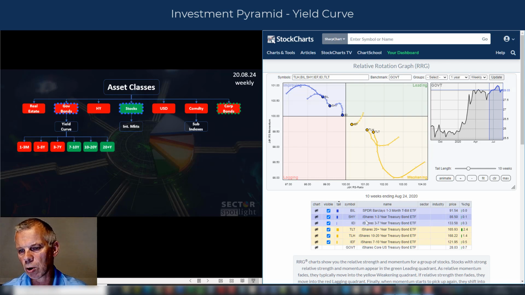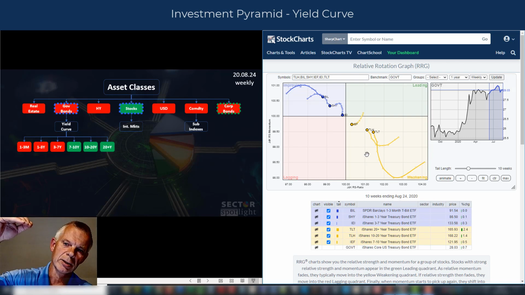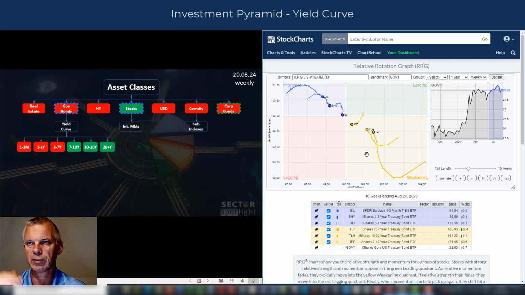And we see the opposite rotation on the longer end of the curve, where we have IEF, not so much, but TLH and TLT, which are the real long-term segments of the curve, inside weakening and moving higher, which means that the yields on the longer end of the curve are dropping. So overall the curve is flattening. On the shorter end, yields are going up. On the longer end, yields are going down.